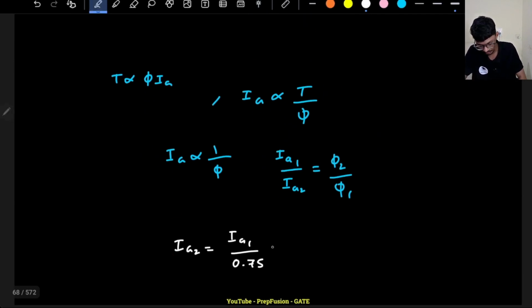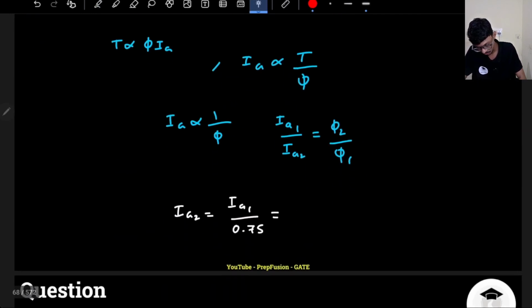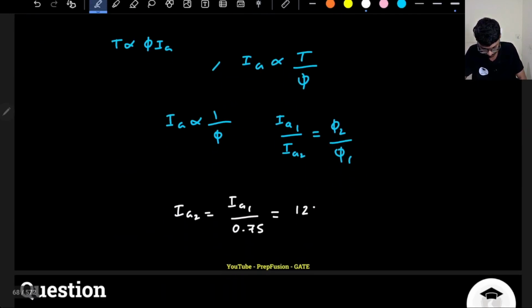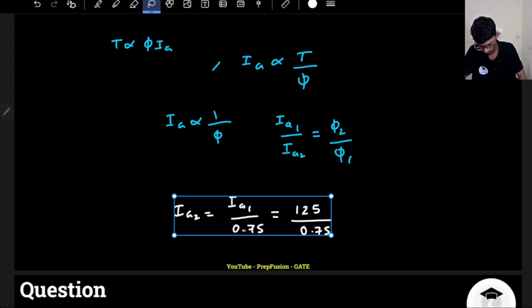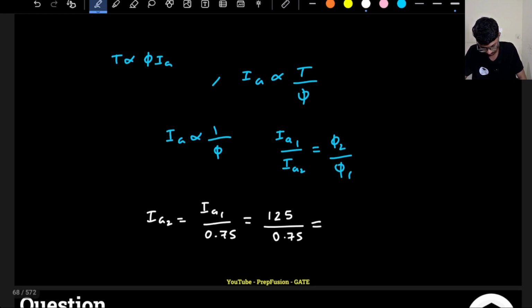So Ia2 is 125 divided by 0.75, which is 166.67 amperes.